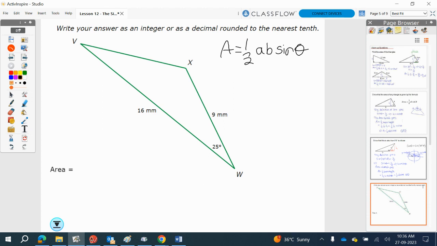The sine of 180 minus theta is sine 180 cos theta minus cos 180 sine theta. But sine of 180 is 0, so this cancels, and the cosine of 180 is minus 1, so that one gets rid of the minus sign. Those are not the double angles, they're called the compound angle identities. The double ones are different.